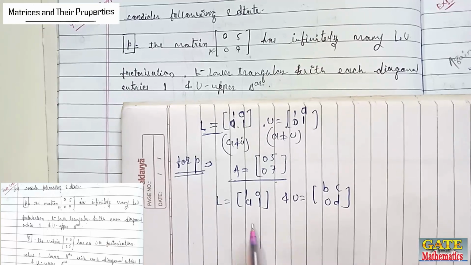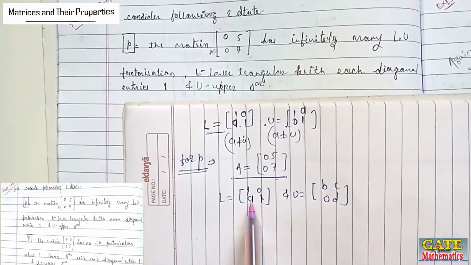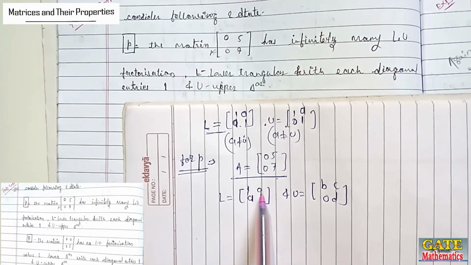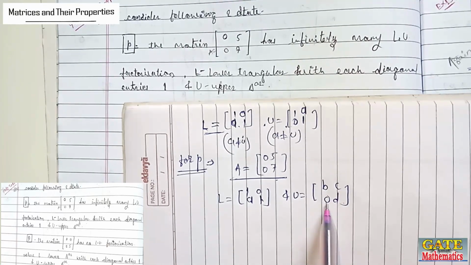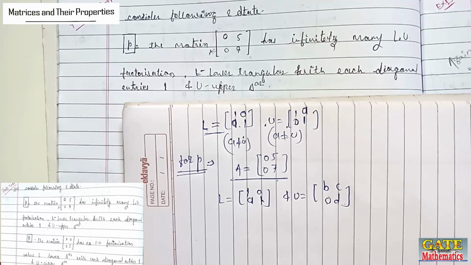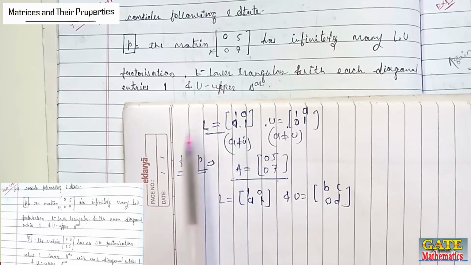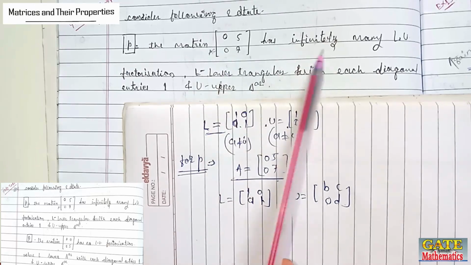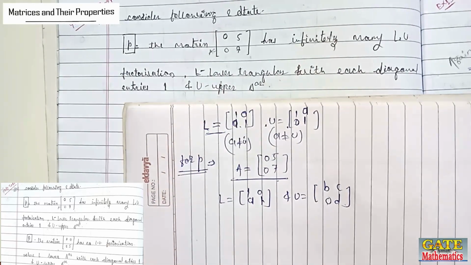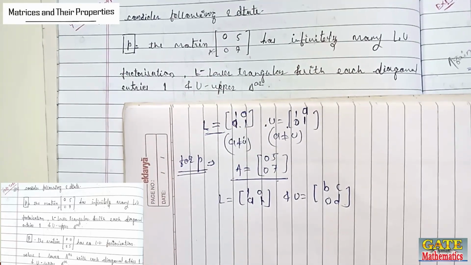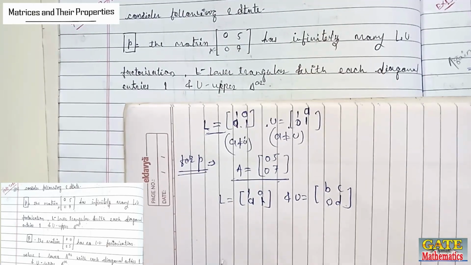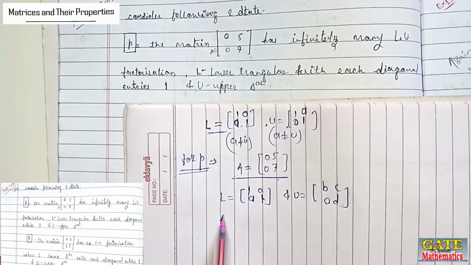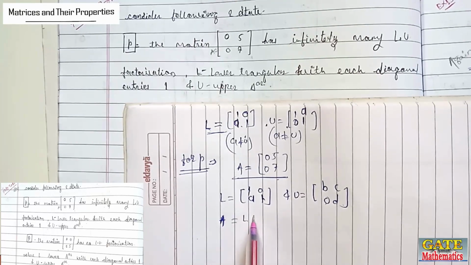Now we consider the matrix L as a lower triangular matrix. You may consider any matrix here, but it needs to be in this format. So I consider the lower triangular matrix with diagonal 1, a non-zero entry below the diagonal, and 0 above the diagonal. And for the upper triangular matrix I consider b, d, c, with 0 below the diagonal. We have to check whether A has infinitely many LU factorizations.